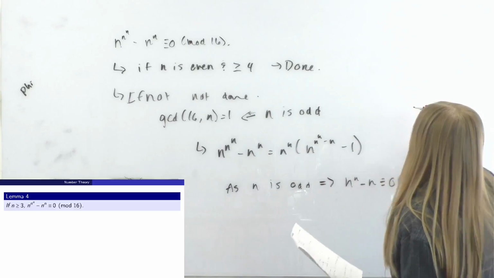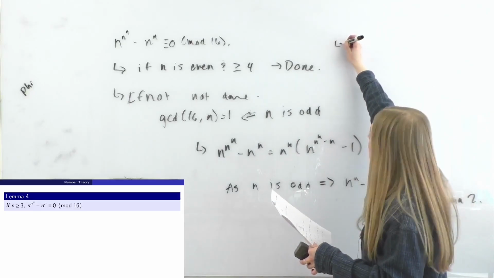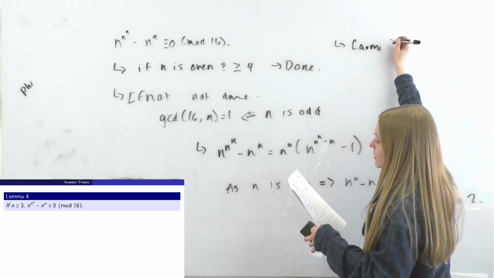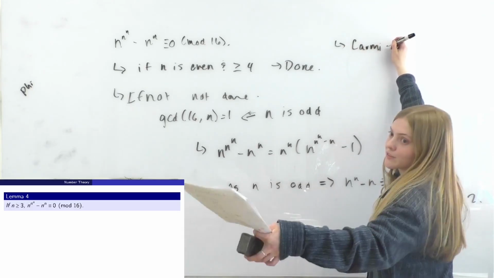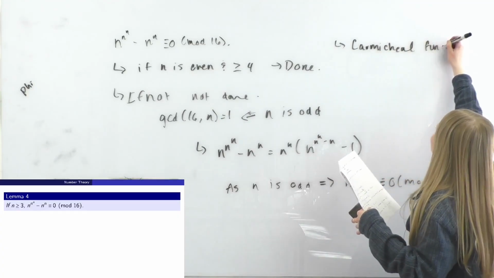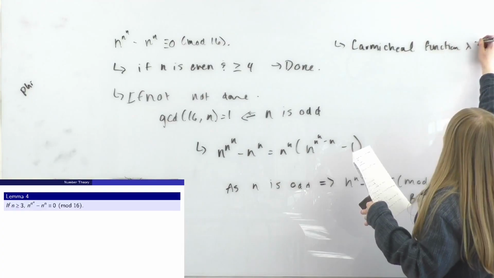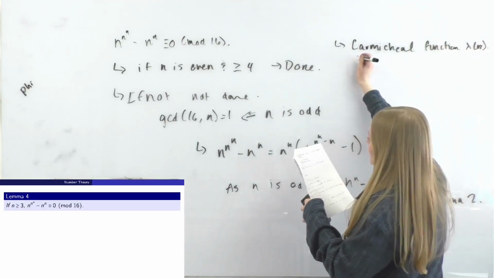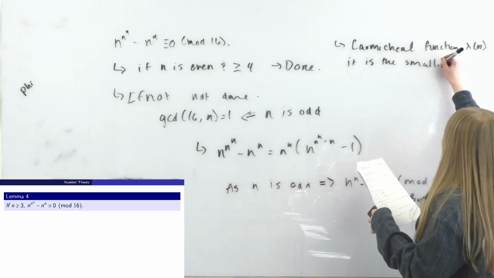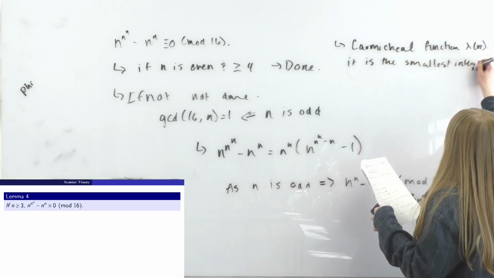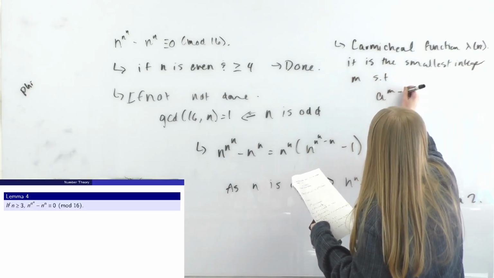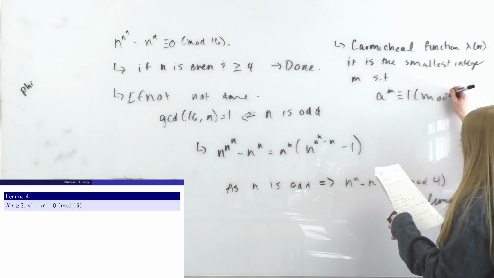I wish I would have left myself more room, but whatever. I'm going to define something here. So we have a Carmichael function, lambda of n. Basically, it is the smallest integer m such that a to the m is congruent to 1 mod n.